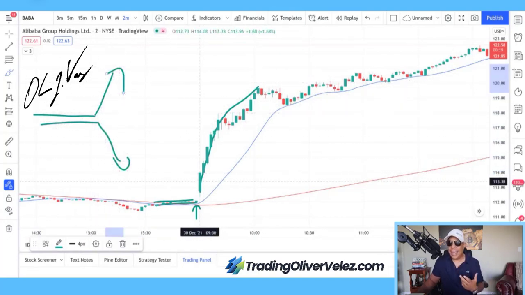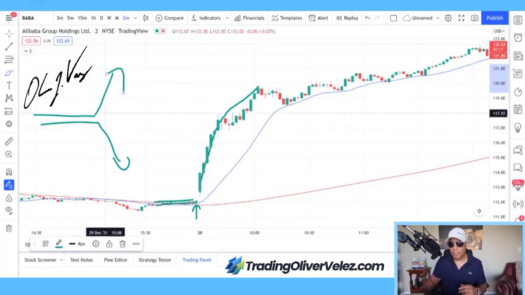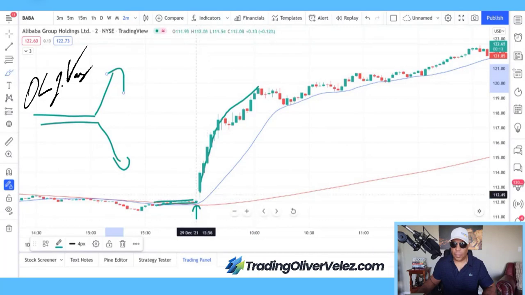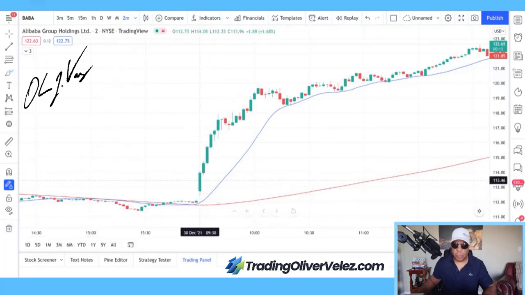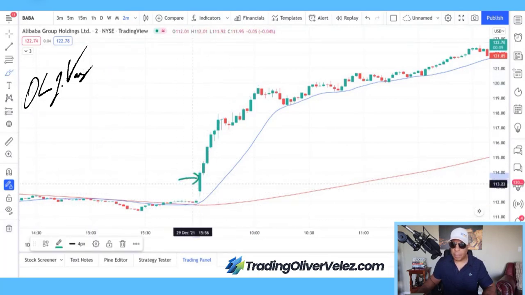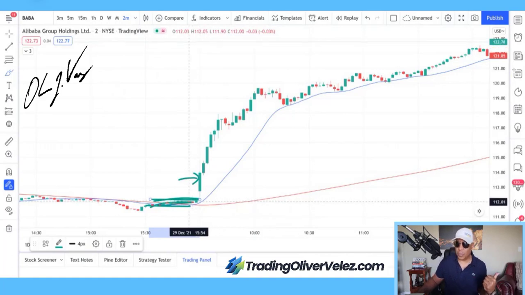Now, we can't know, all right? We can't know what direction. So before Baba opens, we know that Baba has a narrow state from its late day activity the prior day. Okay, so we know this before the market opens.